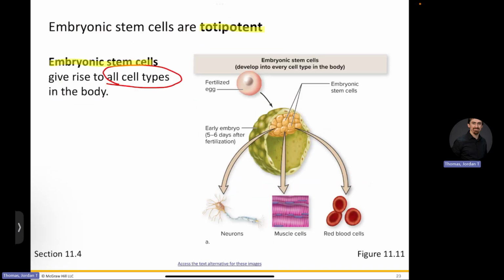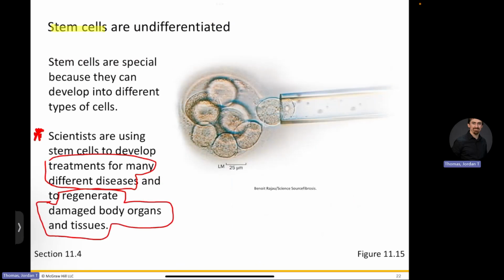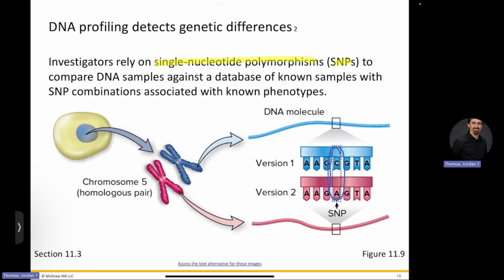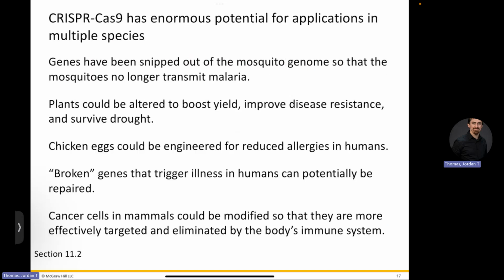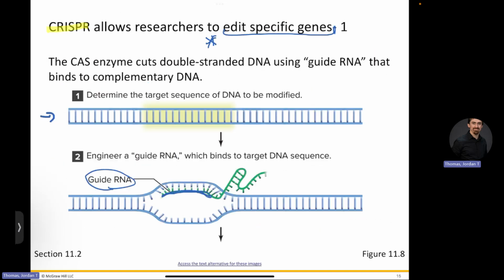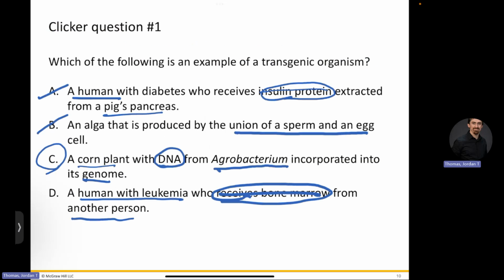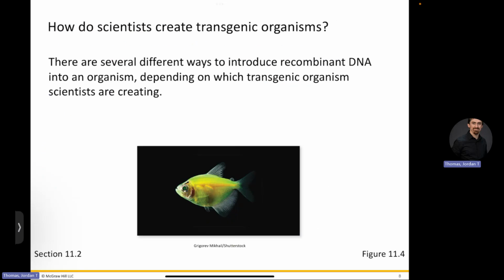I want you to know stem cells, both what they are and how they're used. DNA profiling, CRISPR, PCR, DNA sequencing, and transgenic organisms. So know each of those, how they function, and what they're used for.